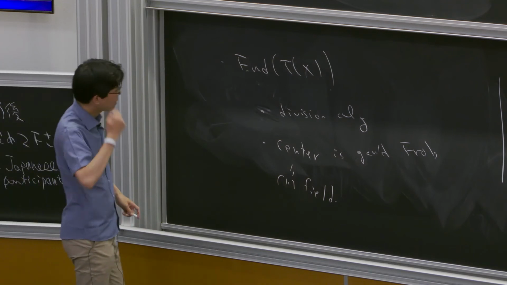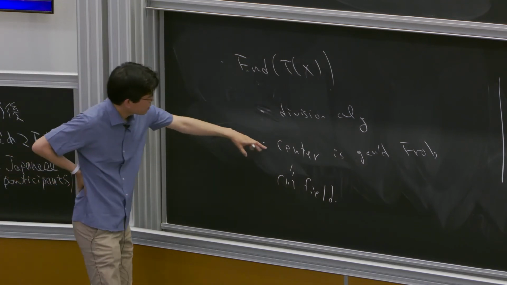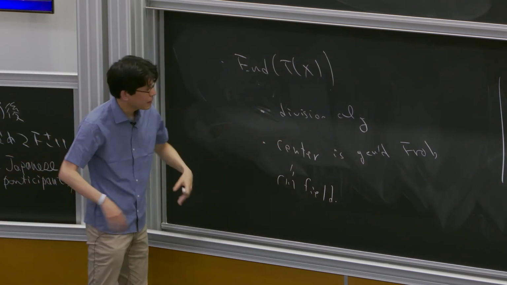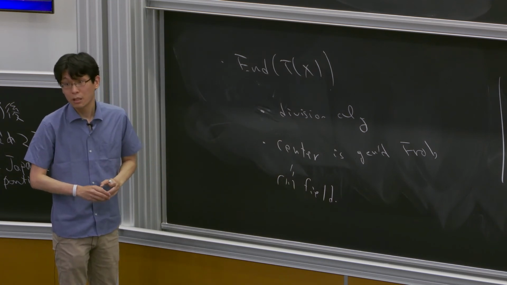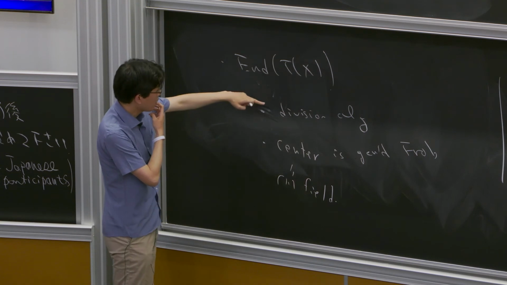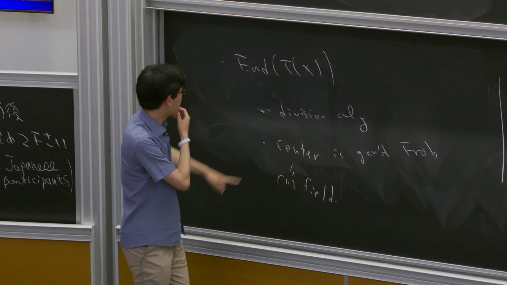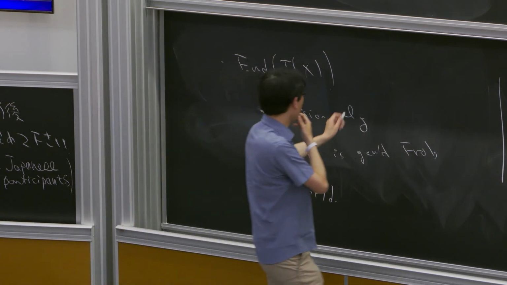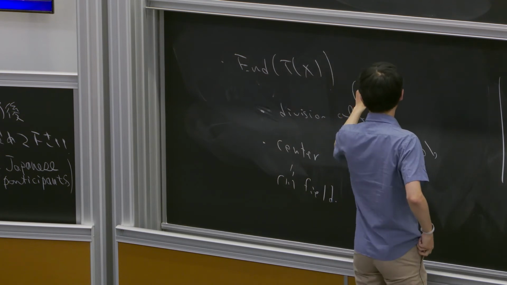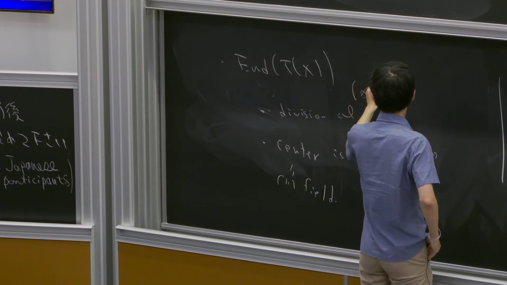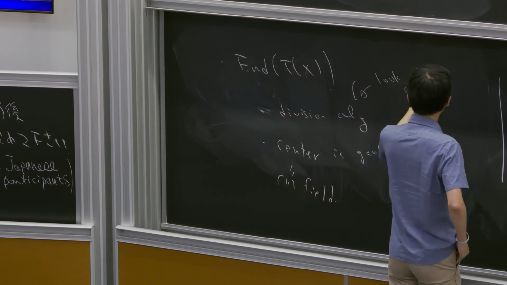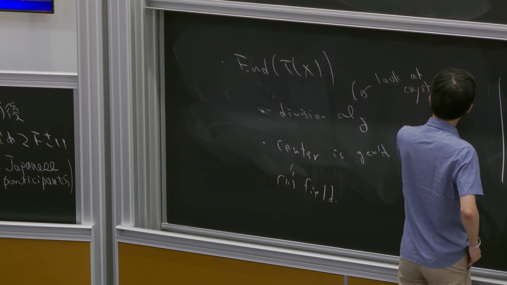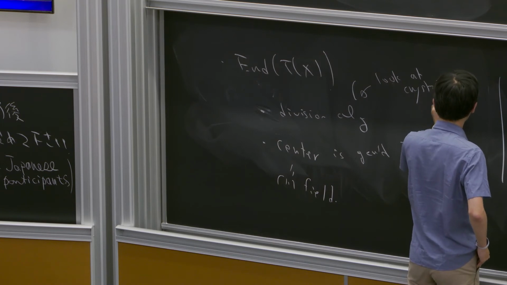This claim for the center is basically a direct consequence of the Tate conjecture. And for the claim that this algebra is division, this is easy: look at the crystalline realization, the crystalline cohomology.